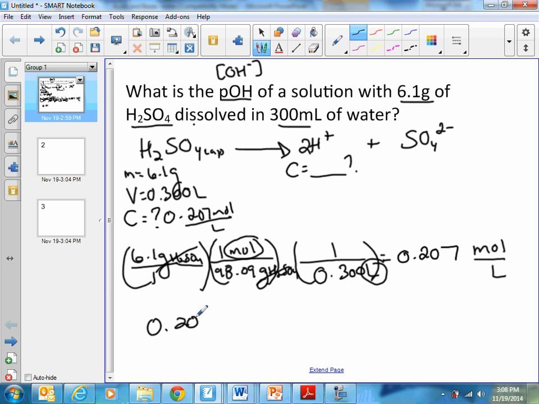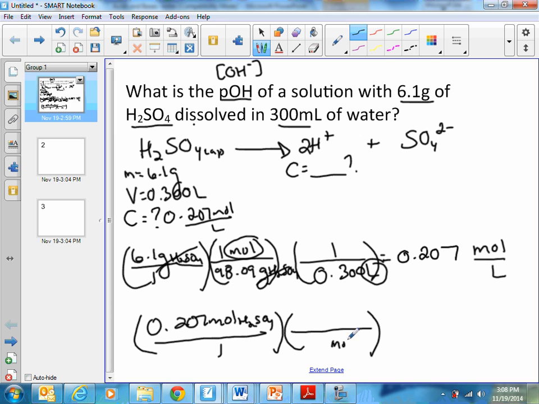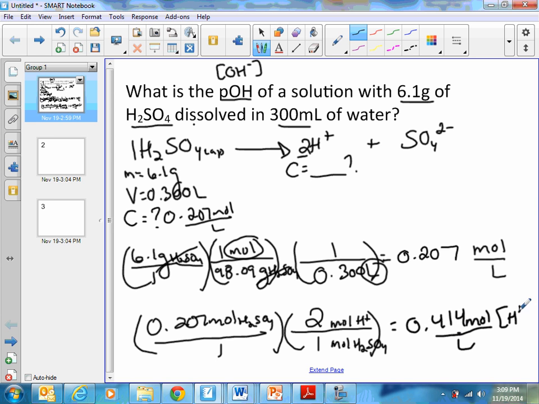So 0.207 moles of H2SO4 times the mole ratio. I want to cancel out moles of H2SO4 and be left with moles of H plus. If I look at the coefficients, H plus is 2 over 1. So I get 0.414 mole per liter of hydrogen ions.